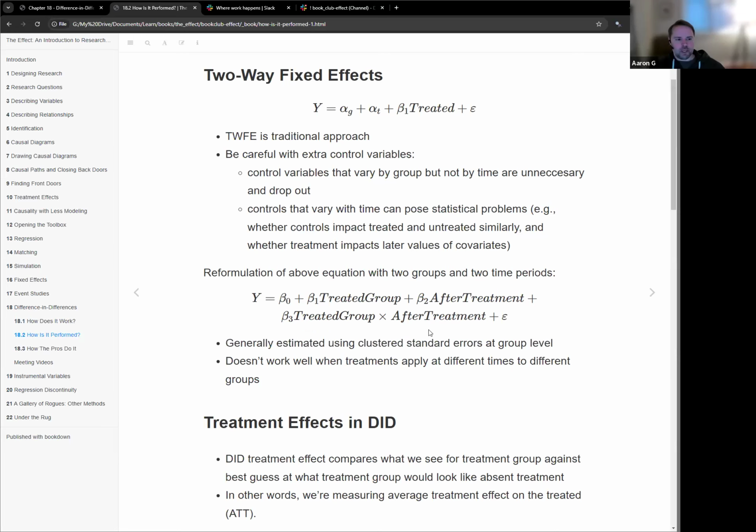And generally speaking, best practices would be to cluster your standard errors at the group level. So if you're using R, you wouldn't want to use a standard linear model to do this. I believe the fixed effects regressions that were detailed in R code in this book already do that, or at least it's an option to do that.